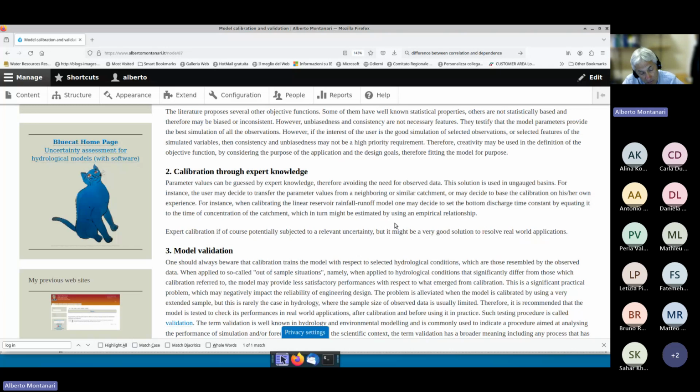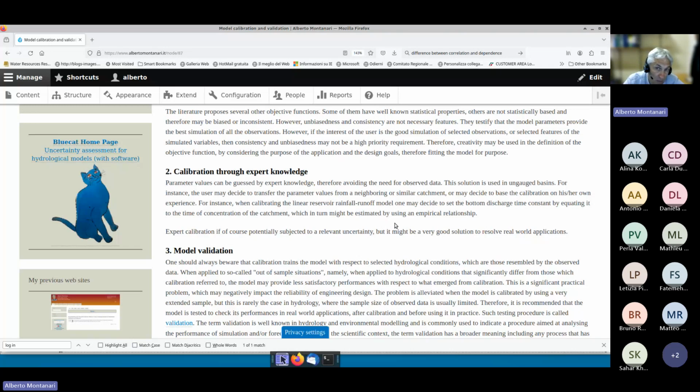You don't have them available because very often the observed data are lacking, for instance, rainfall or temperature for a given location, or they are available only for short durations. For instance, if we consider the whole of Italy, we have distributed rainfall over Italy, but only for the past 50 years.